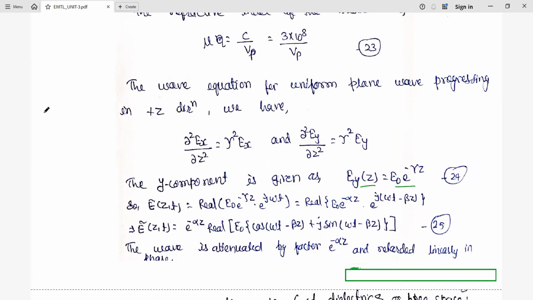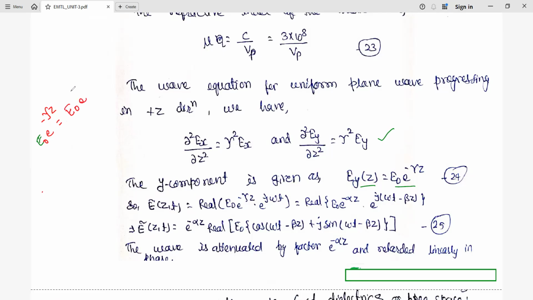So whatever equation we have, it is in the space domain. To convert into the time domain, we are multiplying with e to the power j omega t. So finally, if you try to simplify this equation, we can write E naught e to the power minus gamma z. So this gamma z is what? Alpha plus j beta.